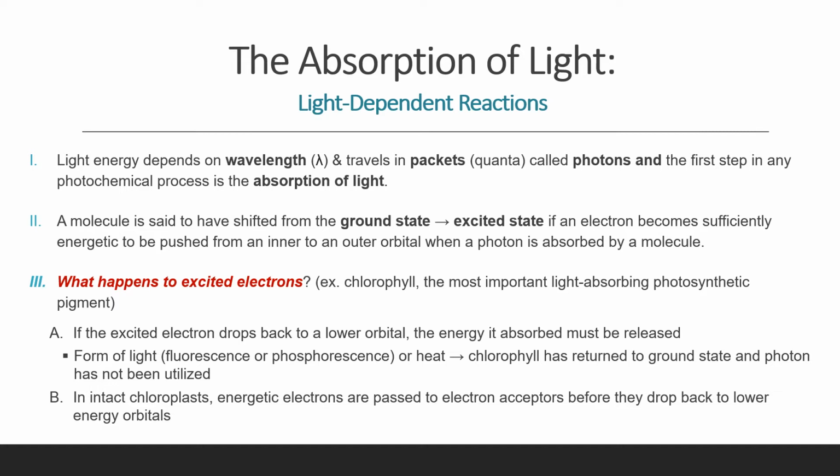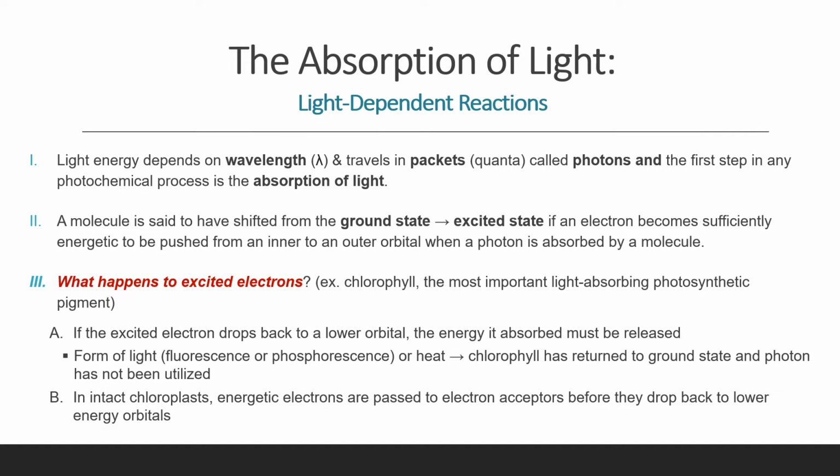If the excited electron drops back to a lower orbital, the energy it absorbed must be released in the form of light, or fluorescence, or phosphorescence, or heat. With this, the chlorophyll will return to the ground state, and the photon is basically not utilized.